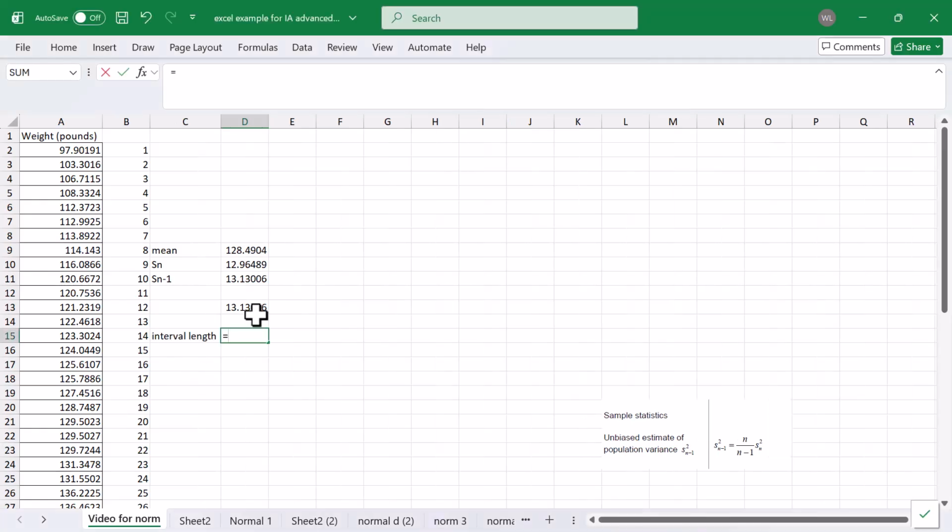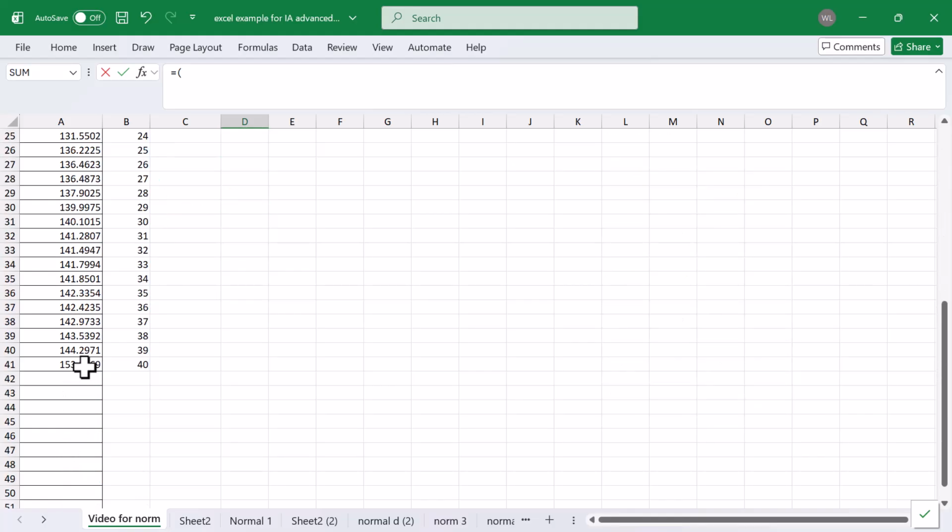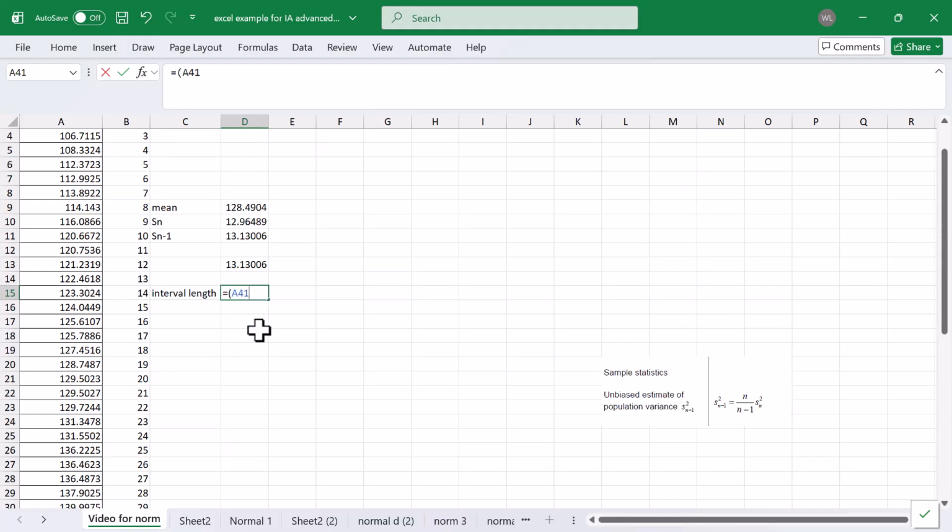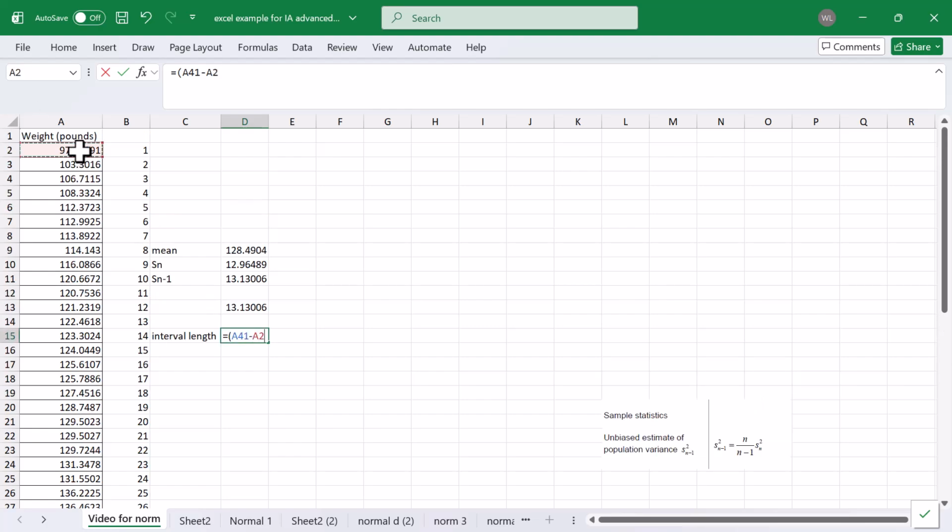We put equal sign, parentheses, use the maximum value minus the minimum value, then divided by 8.